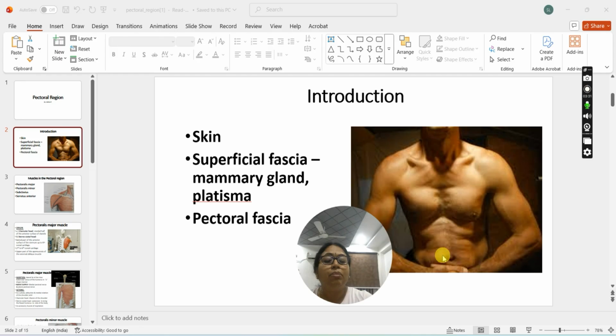The area above the umbilicus, this is the umbilicus, the anterior part of the trunk above the umbilicus is drained into a group of lymph nodes located in the armpit. Armpit is layman's language, we call it axilla. A group of lymph nodes located in the axilla called the axillary group of lymph nodes.